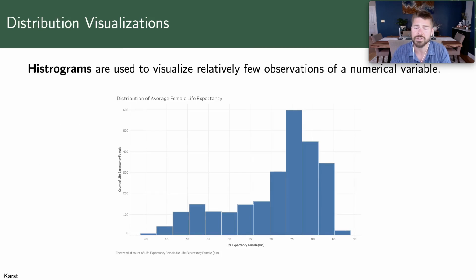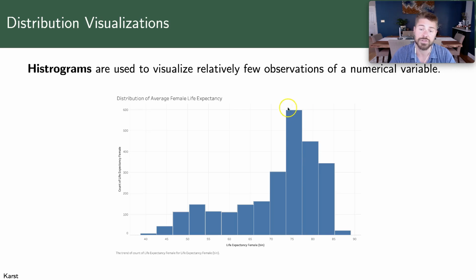So a histogram is basically the following idea. I chunk up the range of the variable into bins, and then just count the number of observations in each bin. So for instance, I've done maybe 5-year bins here, and so let's say from 72 to 77, there were 600 observations.